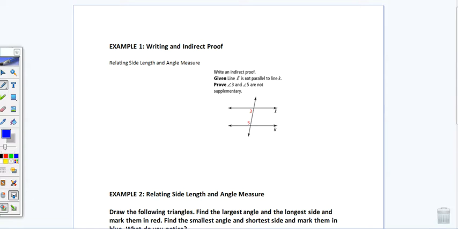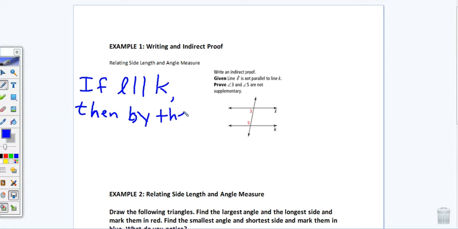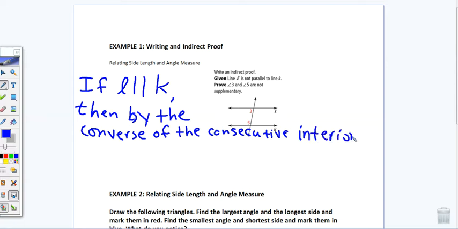So here's what I can say, kids. I'm going to write this: if L was parallel to K, then by the converse of the consecutive interior angles theorem, angle 3 and angle 5 would have to add up to how many degrees?